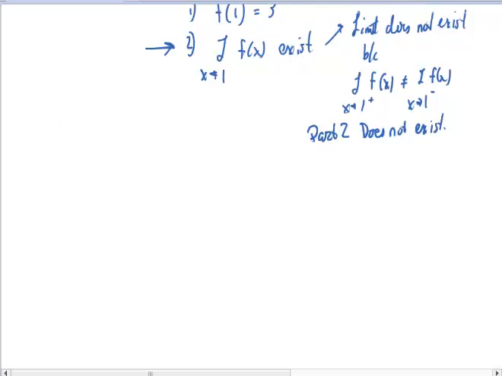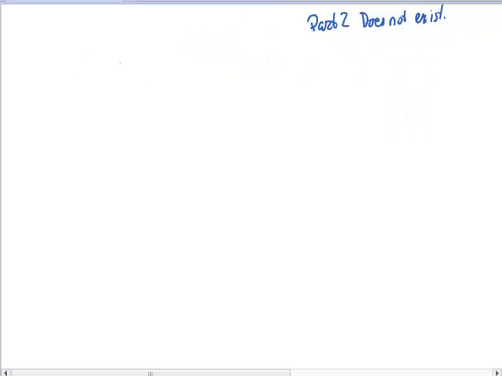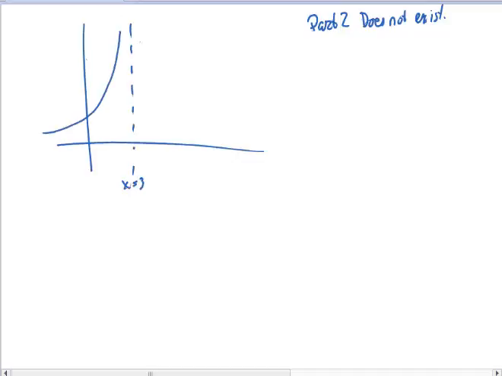Last continuity we went over in class was what happens if you have an asymptote. Let's say at x equals 3, I have a function that looks like this. So this function would be represented by 1 over, let's say, x minus 3 quantity squared.